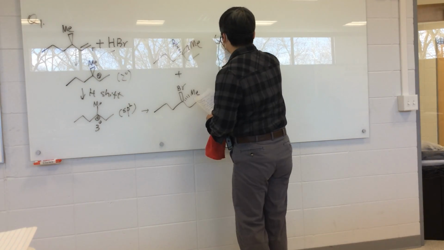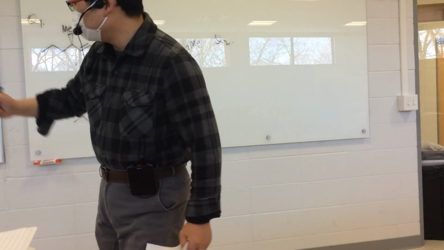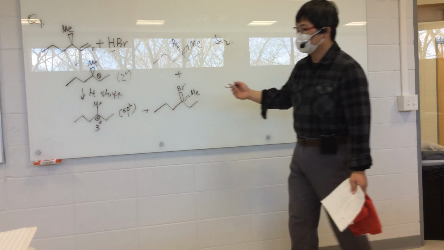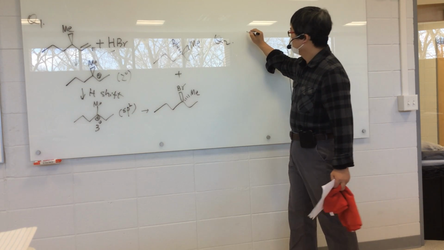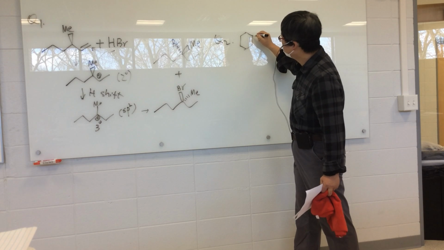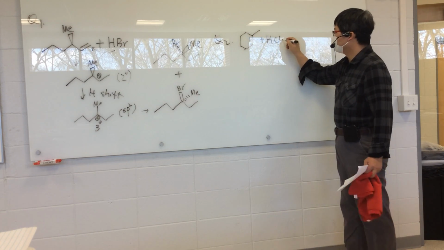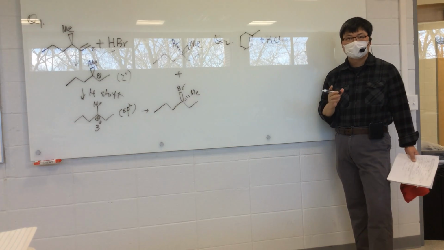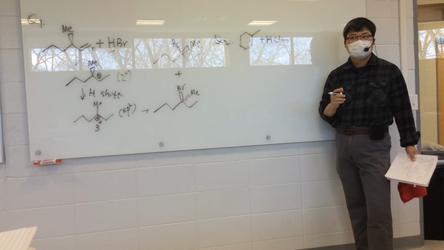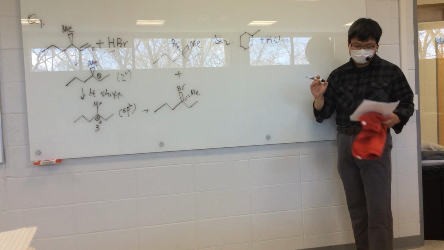And then question 2. Question 2 is what's the major product? For the first one, we got methyl group here. You see, for this one is what? This one is water addition.